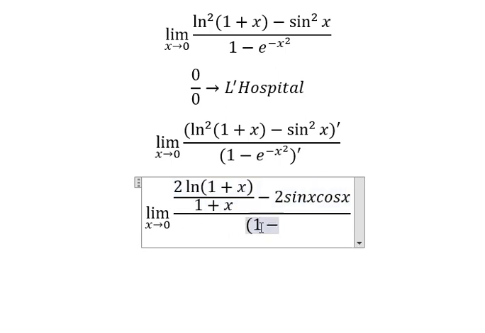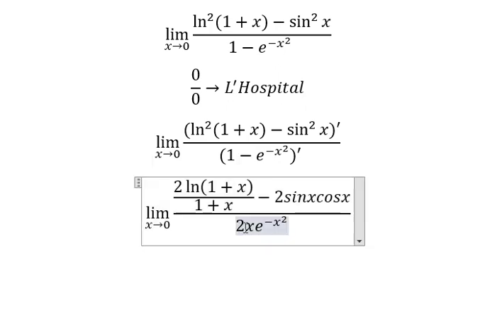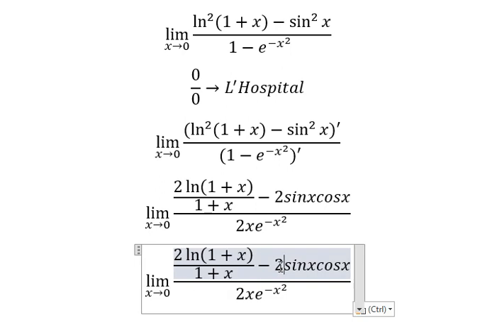This one we will have negative 2s e to the power of negative s square, because first derivative of e to the power of negative s square we keep the same. First derivative of negative s square we have negative 2s, but we have another negative with negative, that's why we have the positive 2s. Now we divide by 2.